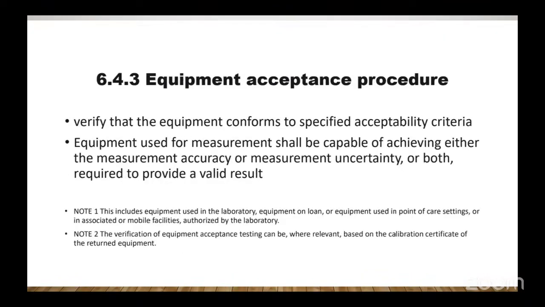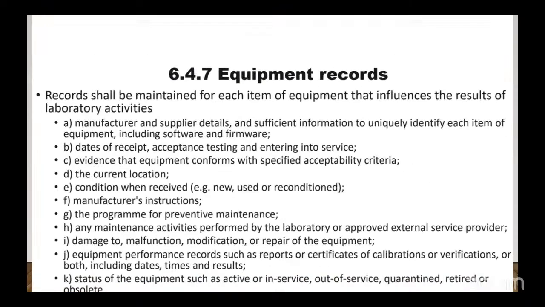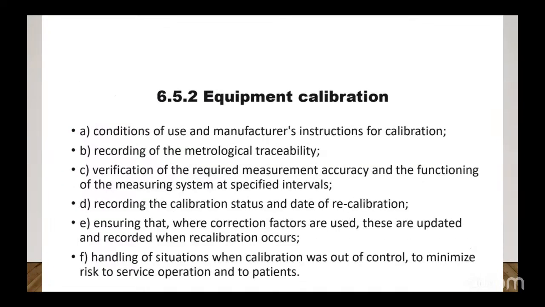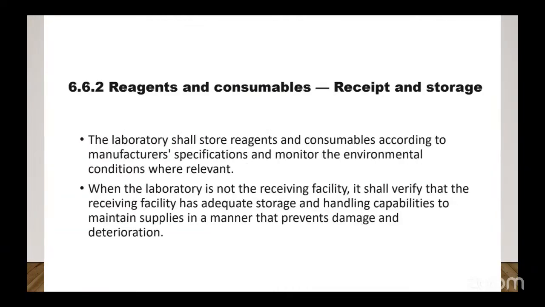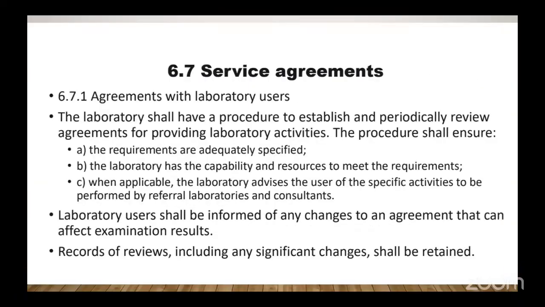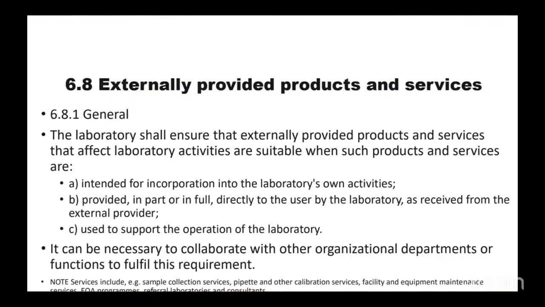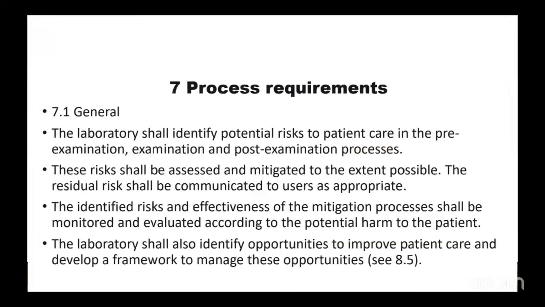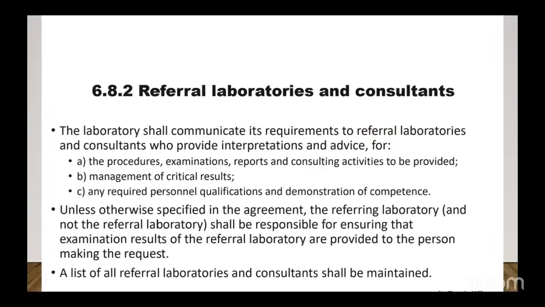And 6.5 addresses equipment calibration, metrological traceability. While 6.6 talks about reagent and consumables. Then 6.7 talks about service agreement. Then 6.8 talks about externally provided products and services. That is it for the resource requirement that we're going to be looking at today.